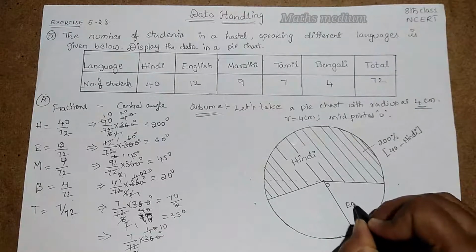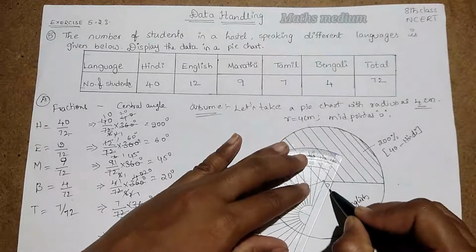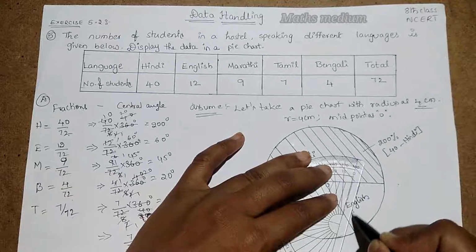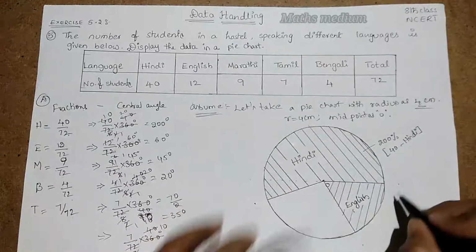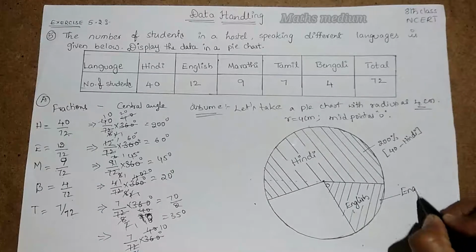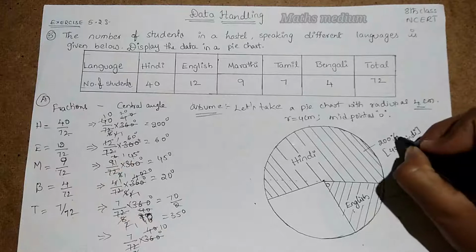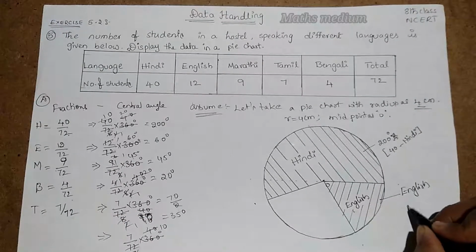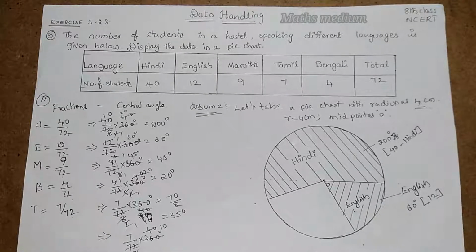So this is English. I am drawing straight lines here. Sorry, here 200% is not correct, it is 200 degrees. Here also, English is 60 degrees, spoken by 12 students.